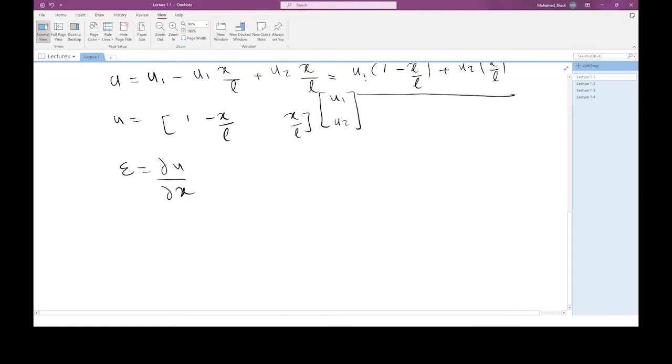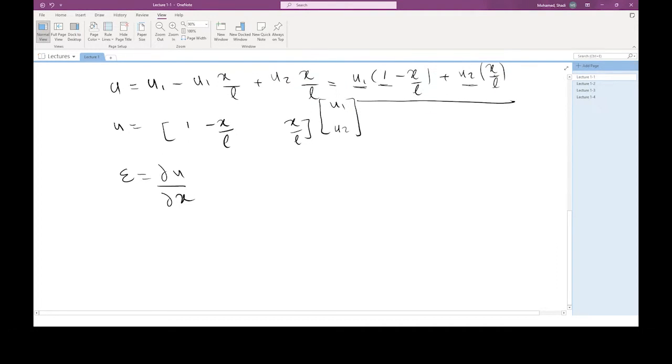Now, I have this expression for the displacement. I'm going to differentiate this with respect to x. u1 is a displacement at the node and is not dependent on x. u2 is also the same. 1 is also not dependent on x, it is a constant number. The only thing that is dependent on x is minus x over l and x over l here.